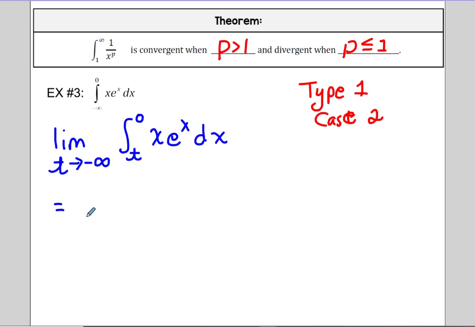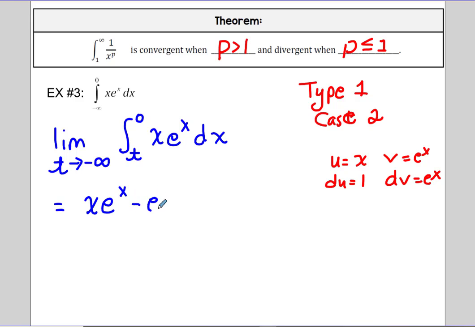And this was, let's see, if u is x, then du is 1. And if dv is e to the x, then v is e to the x. So integration by parts is going to give us x e to the x minus e to the x.